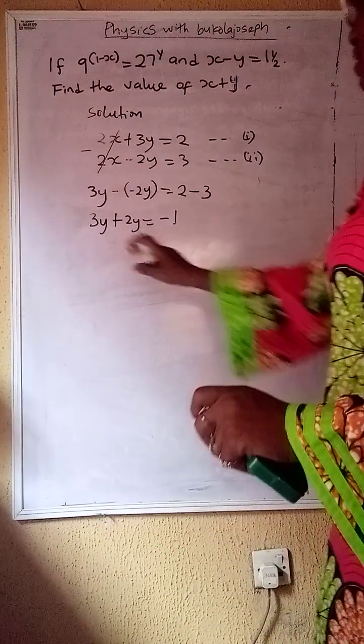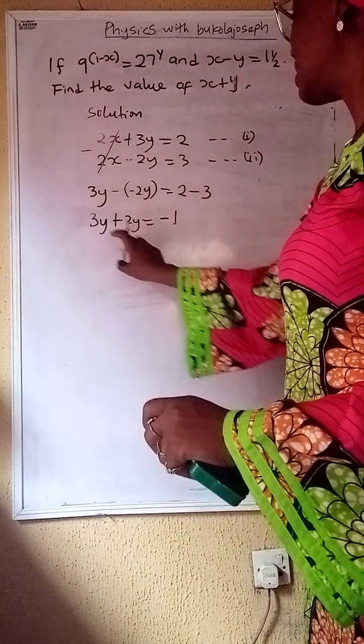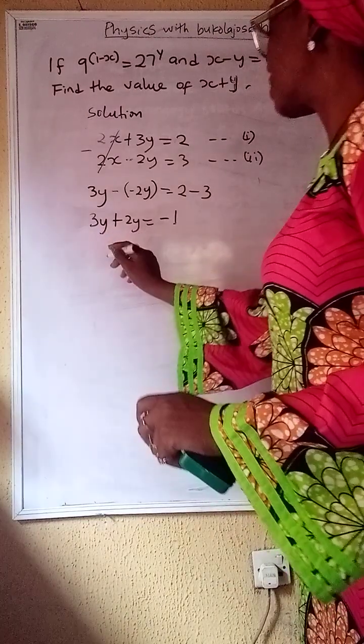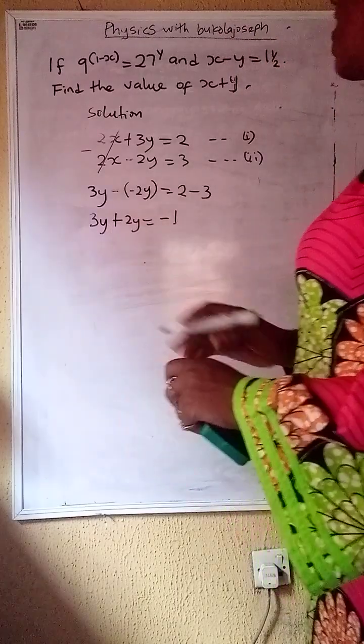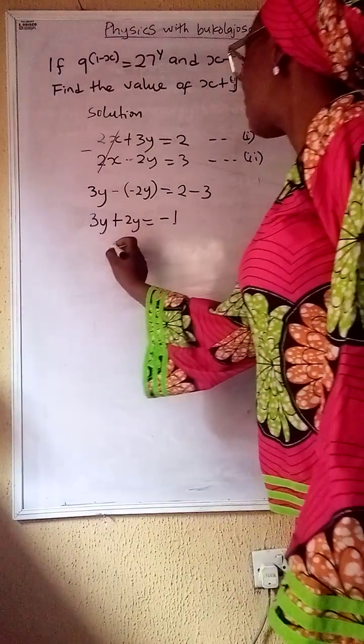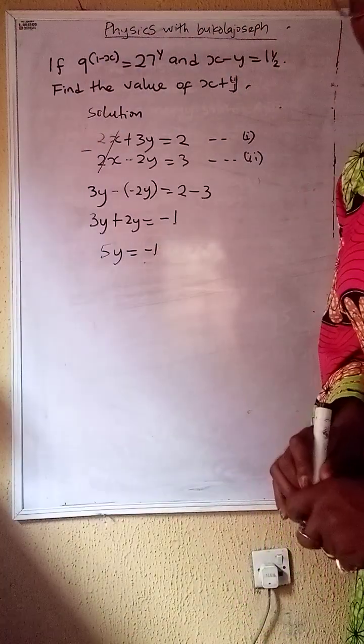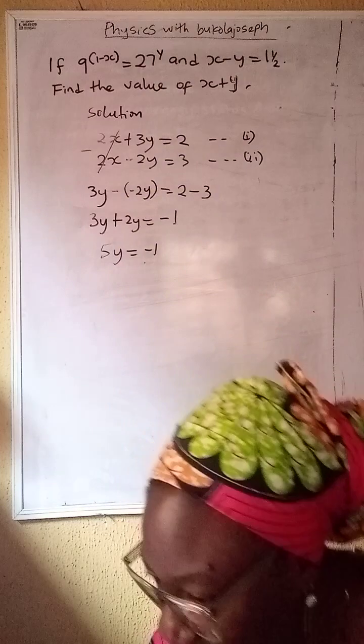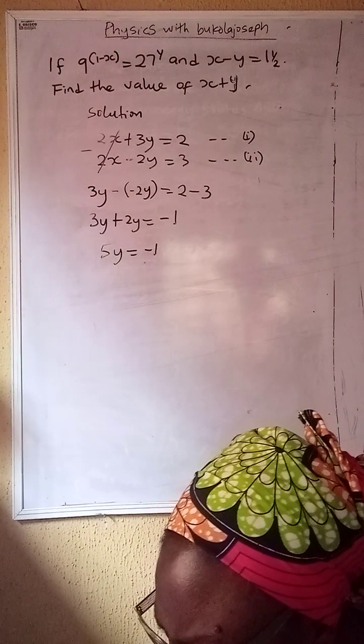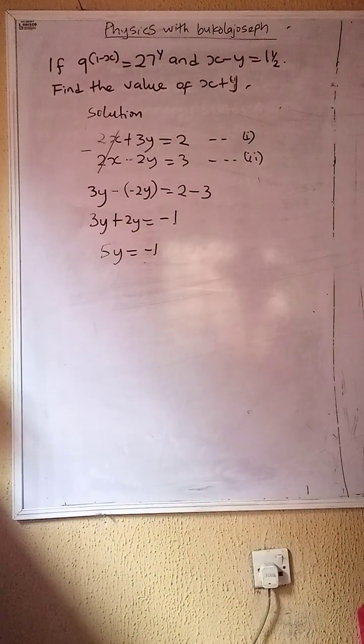Okay, so now we can blend this. This becomes what? 3y plus 2y will give us 5y is equal to minus 1.